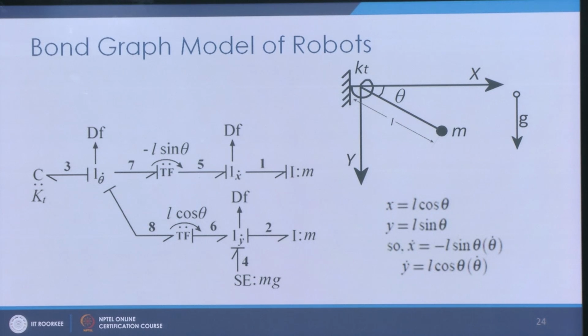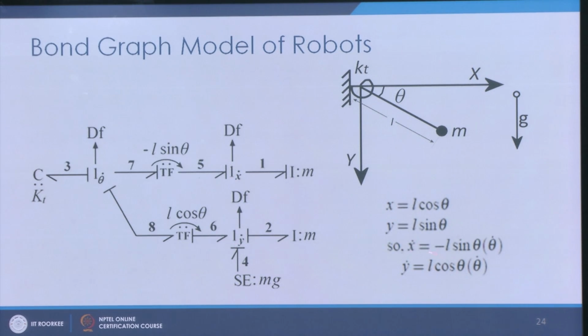Now, suppose this theta dot is the port which represents the velocity of one end of the spring, and the other end of the spring is fixed. So, I have the velocity of one end of the spring, and I attach a C element here. Say this is my x dot, the velocity of the mass, and this is my y dot, the velocity of the mass.